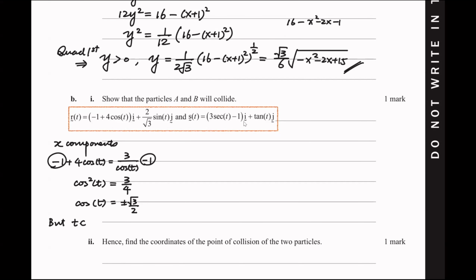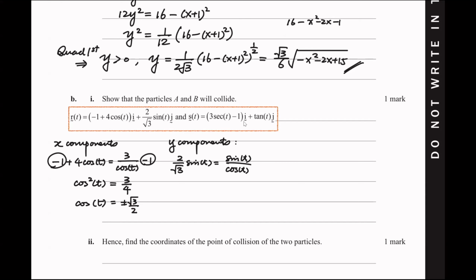But t belongs to 0 to c. C is not specified. I can't just assume c is half pi. So let's leave the answer like that. And the y component, I have 2 on root 3 sine t equals tangent t, which is sine t divided by cosine t.